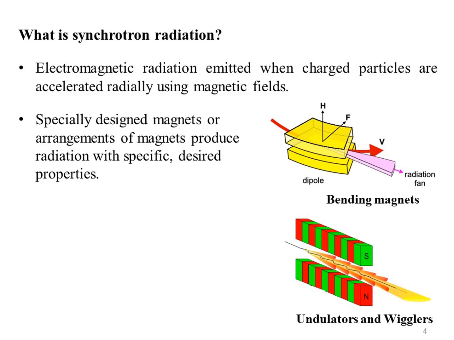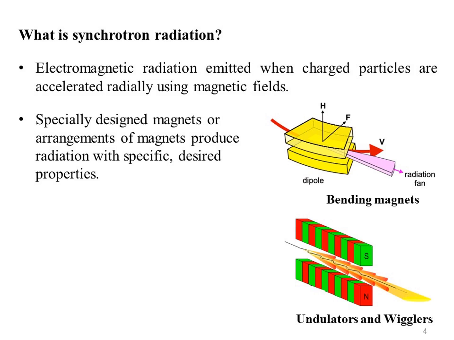Now we start from what is synchrotron radiation. Synchrotron radiation is electromagnetic radiation emitted when charged particles, in this case electrons, are accelerated radially using a magnetic field.